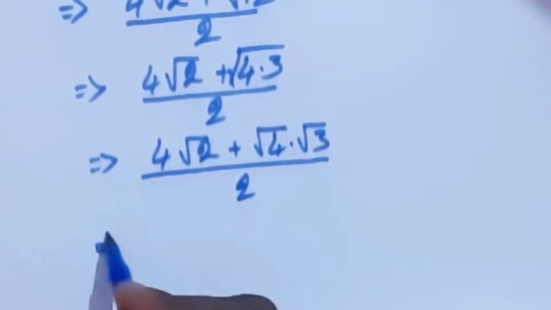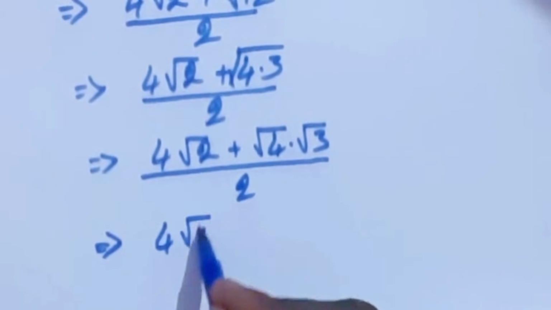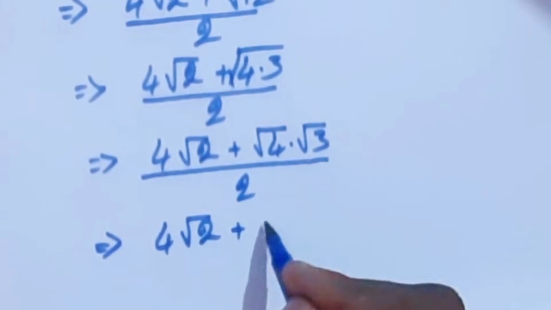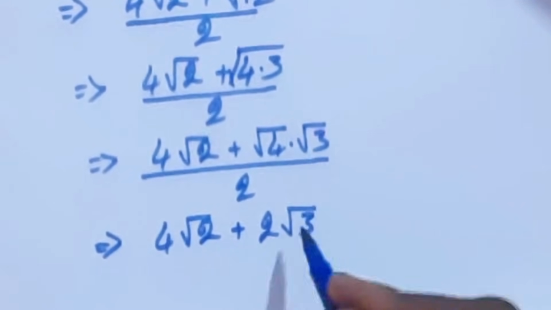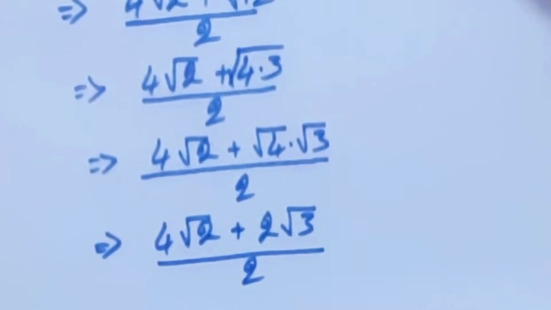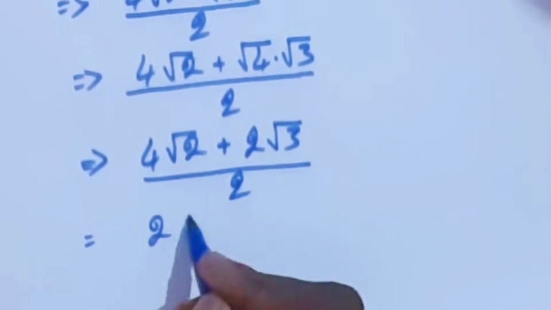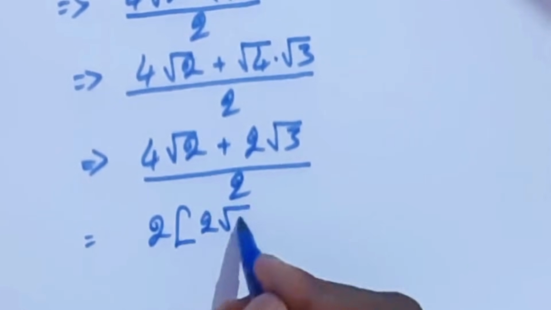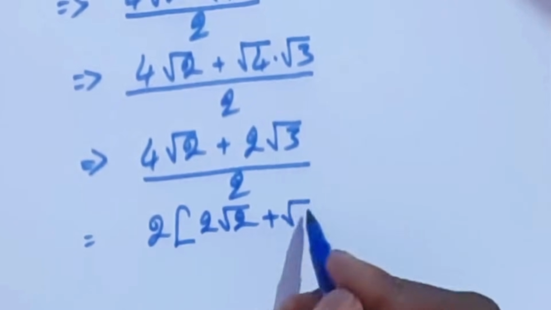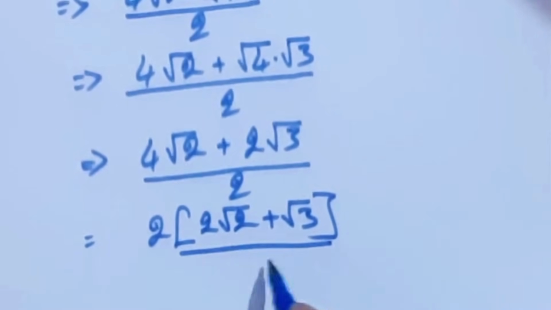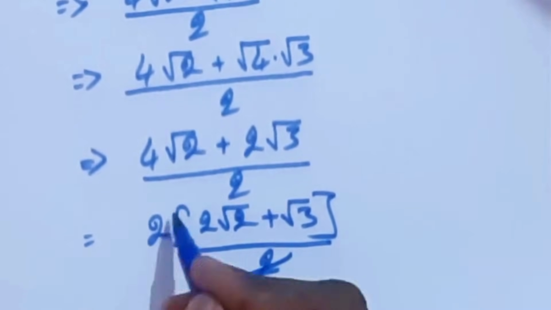Now here 4 times square root of 2 plus square root of 4 is 2, square root of 3, by 2. Now we are going to take 2 common from this. So 2 open bracket 2 times square root of 2 plus square root of 3, by 2. Now this 2 cancels this.